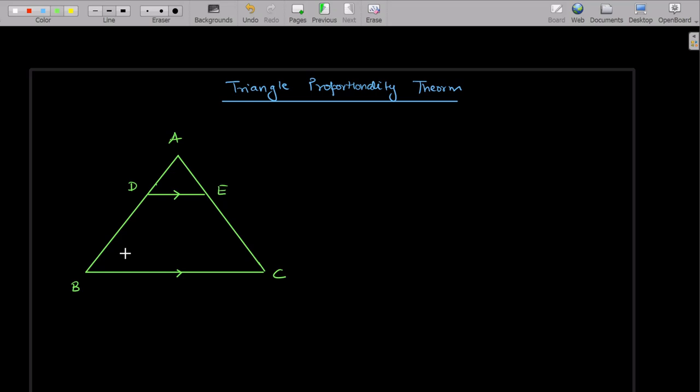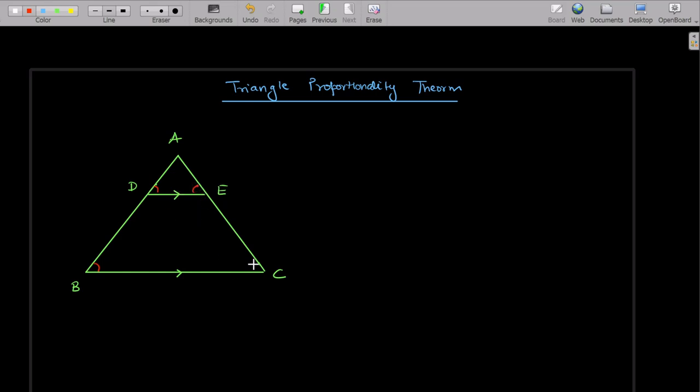Can you see two triangles? One is ABC and the other one is ADE. Exactly. Now these two triangles are similar. You can think about why they are similar, but they will be. It's very simple. See, this one and this one are corresponding angles because this is parallel.